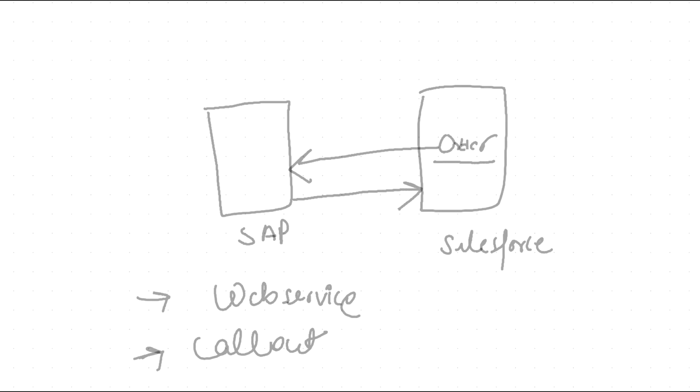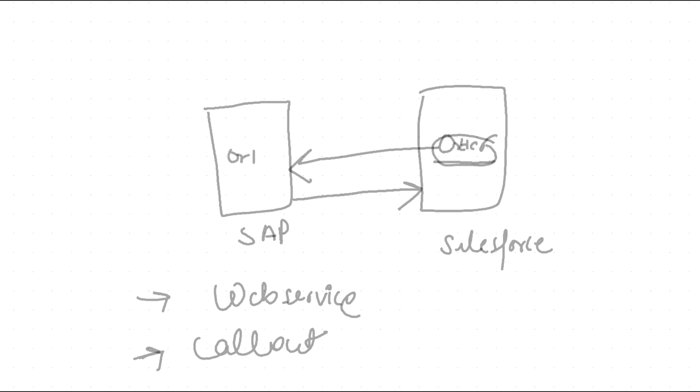In our example, we are calling SAP from Salesforce. But what that actually means is that SAP has created an endpoint for us so that if we call that endpoint and send the order related information, then an order will be created in SAP as well.